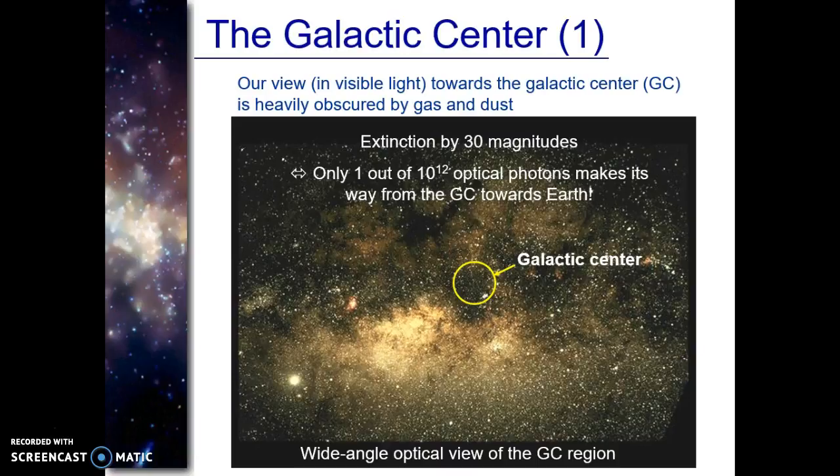So we would have to observe it in a different radiation, but we do get extinction by large magnitudes. Only 1 out of 10 to the 12th. That's trillions. 1 out of every trillion optical photons actually makes its way to Earth from the galactic center.